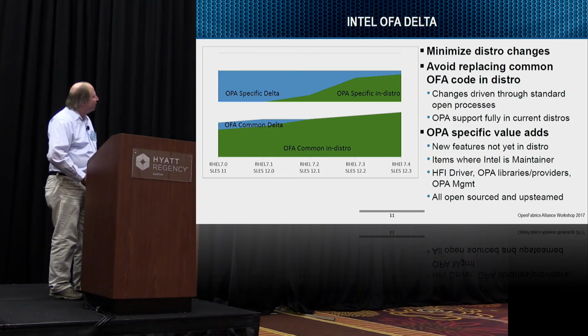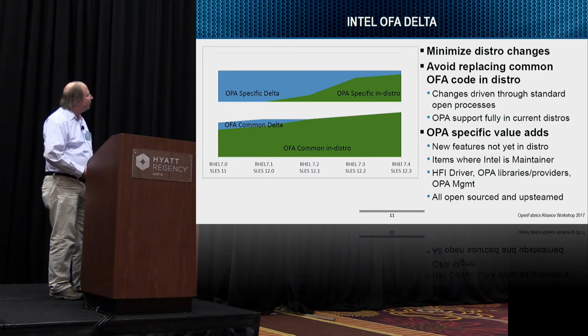Over time, future distros continue to add features from different vendors, including ourselves, into the common parts of OpenFabrics, which will continue to increase in feature content with newer distros. For the Omni-Path specific things, such as our drivers and some of our fabric management and other components that are not common with other interconnects, we can have a slightly different strategy.